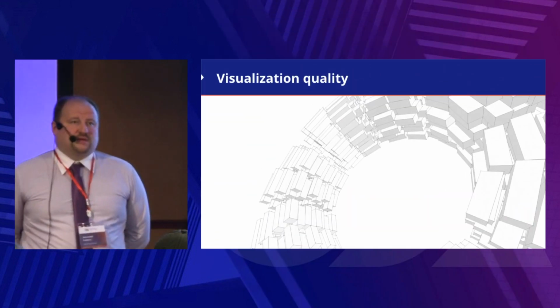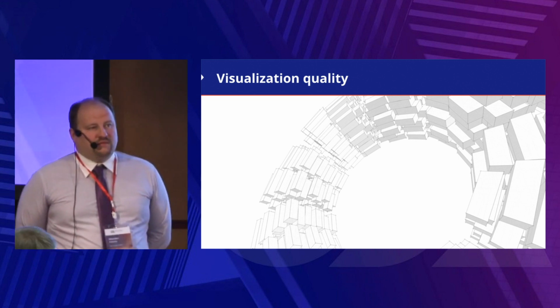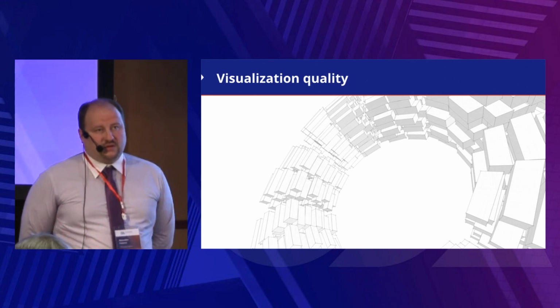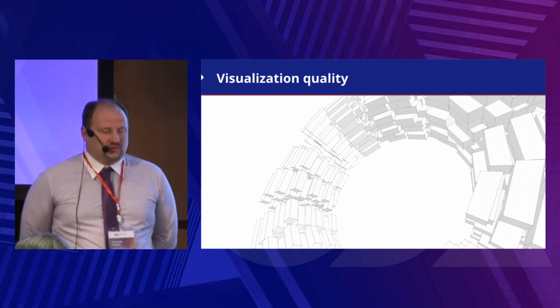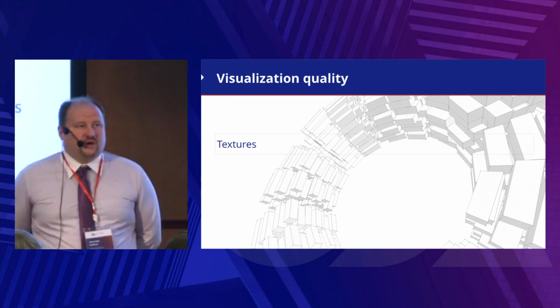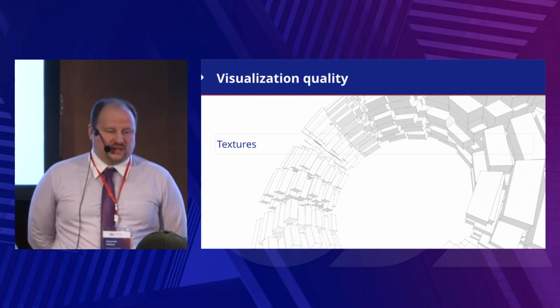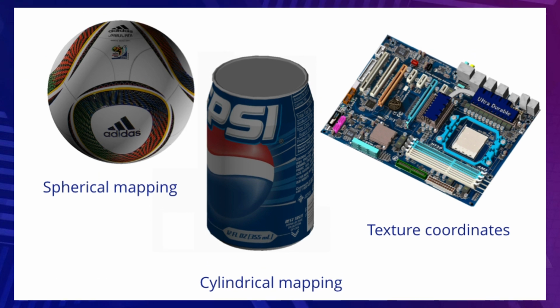Despite the fact that Visualize SDK is first of all focused on performance, we are also thinking about the quality of the produced drawing result. One of the most common techniques to produce a realistic rendering result is to map a 2D image onto a surface in 2D or 3D space. Such a procedure is called texture mapping.